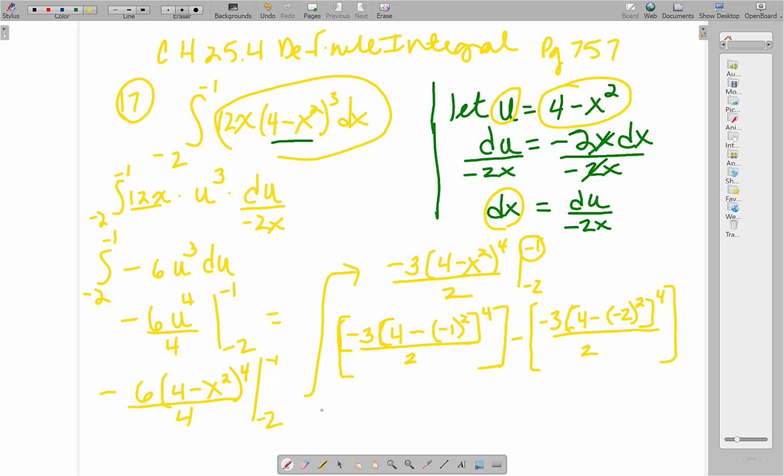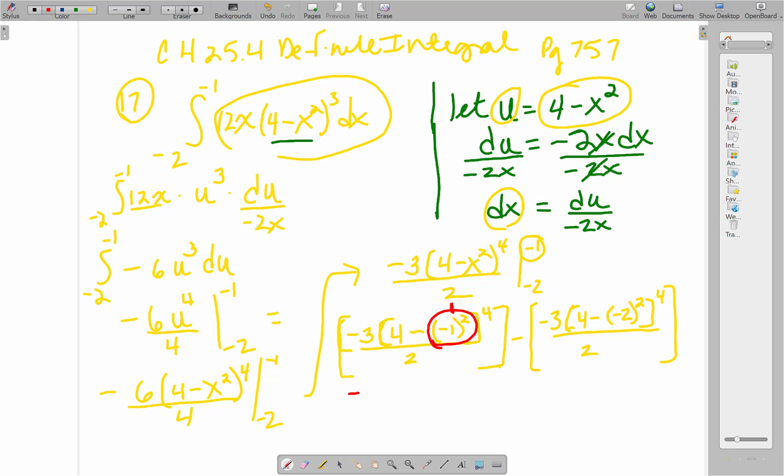When we work this out, you have to take it apart one step at a time. You want to figure out what this is. Inside the parentheses, -1 squared is +1. So we would have 4 minus 1, which is 3.